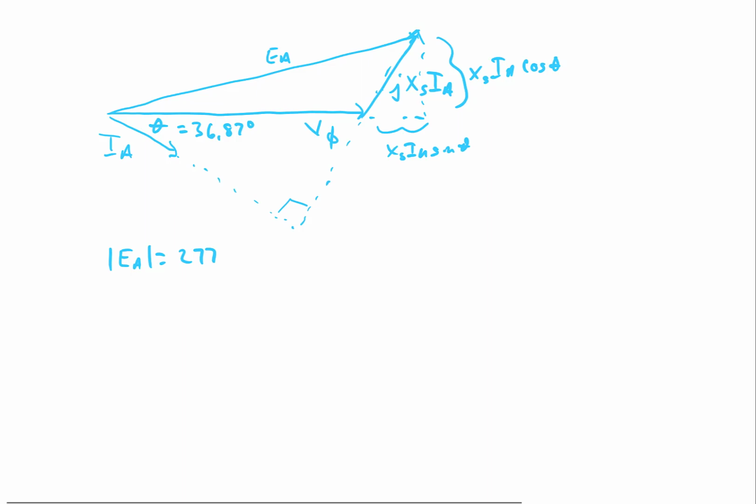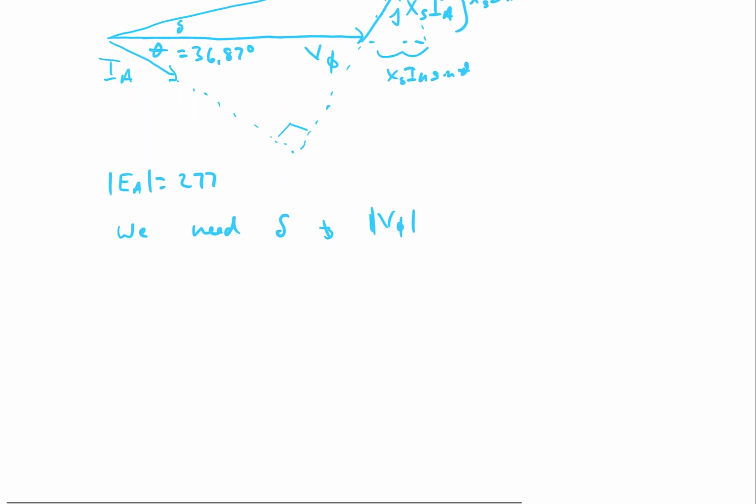And so the things that we don't know are this angle delta, which is the angle between V phi and EA, and the magnitude of V phi. So we need delta, and we need the magnitude of V phi.